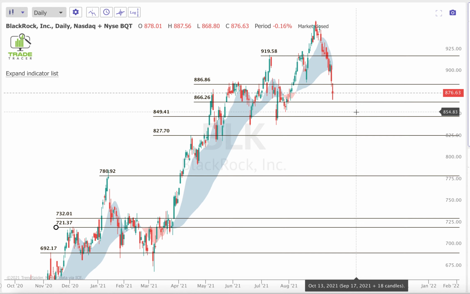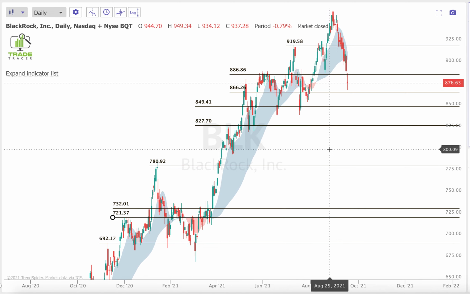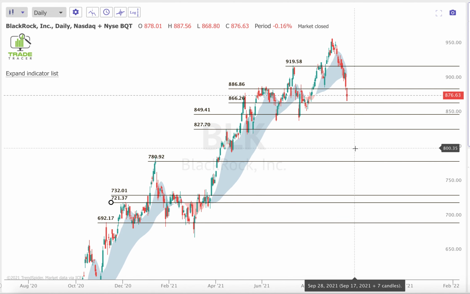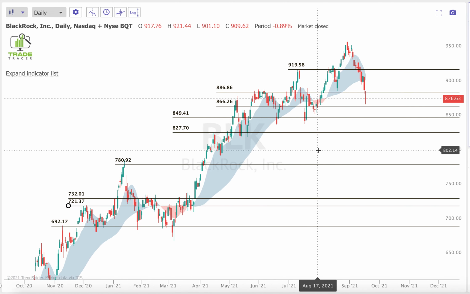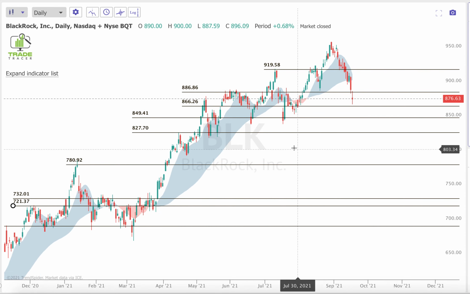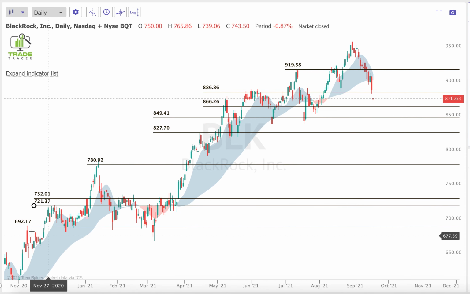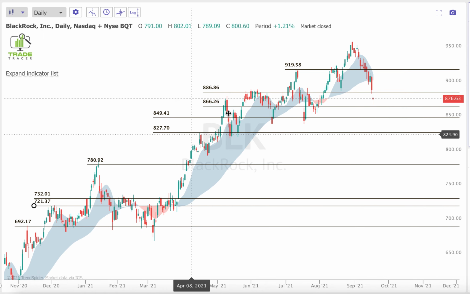I typically execute these. As always, it starts with simply zooming out, looking at the chart, identifying previous levels of price history, and then trying to make horizontal lines that touch or interact with these levels as many as possible. So we've got a level here and here, and then we've had some previous levels in here as well.